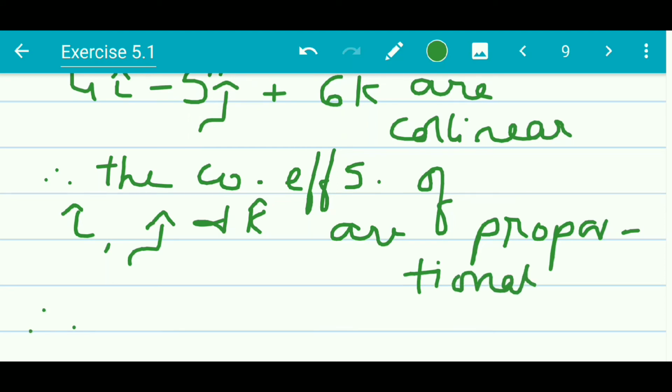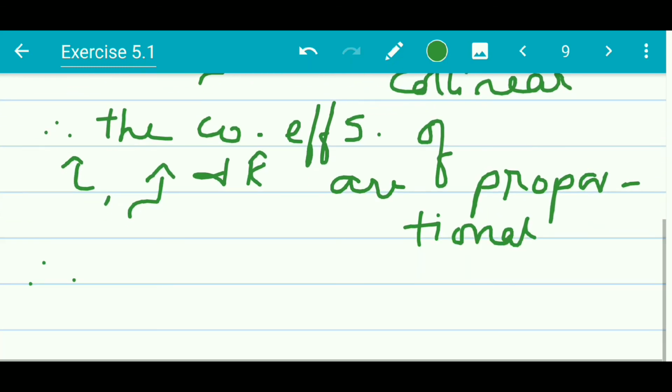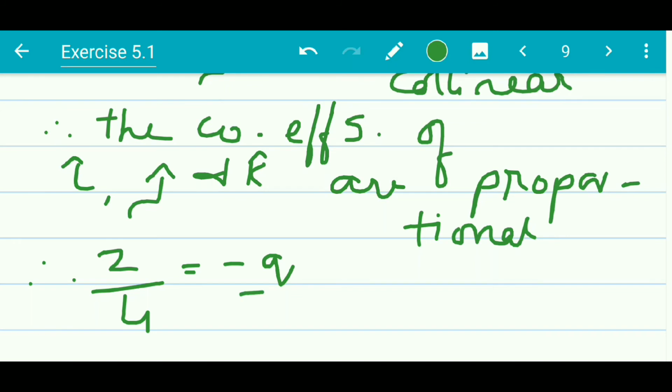So therefore, we can write this way, from these two vectors, the ratio 2 upon 4 is equal to the ratio of minus q upon minus 5, which is equal to 3 upon 6. So we write 2 upon 4 is equal to minus q upon minus 5, which is equal to 3 upon 6.